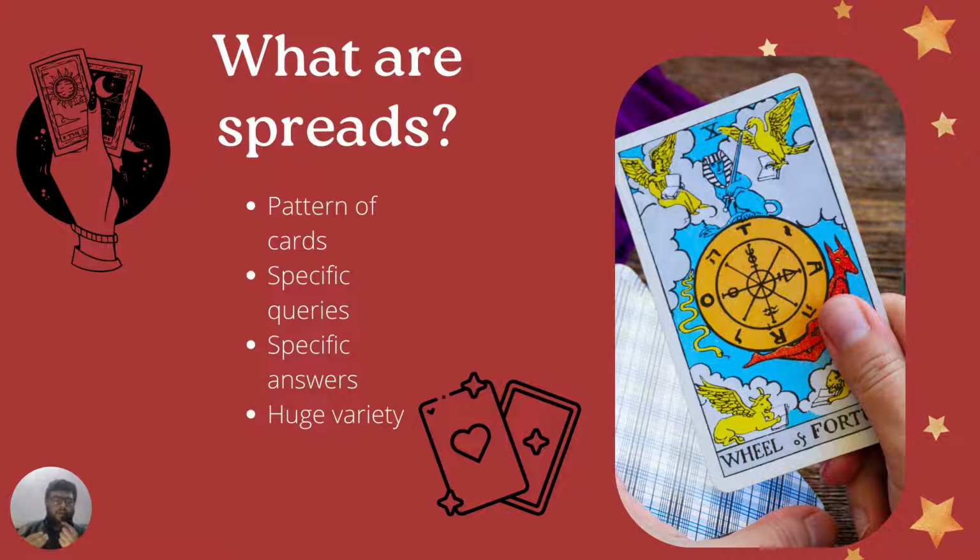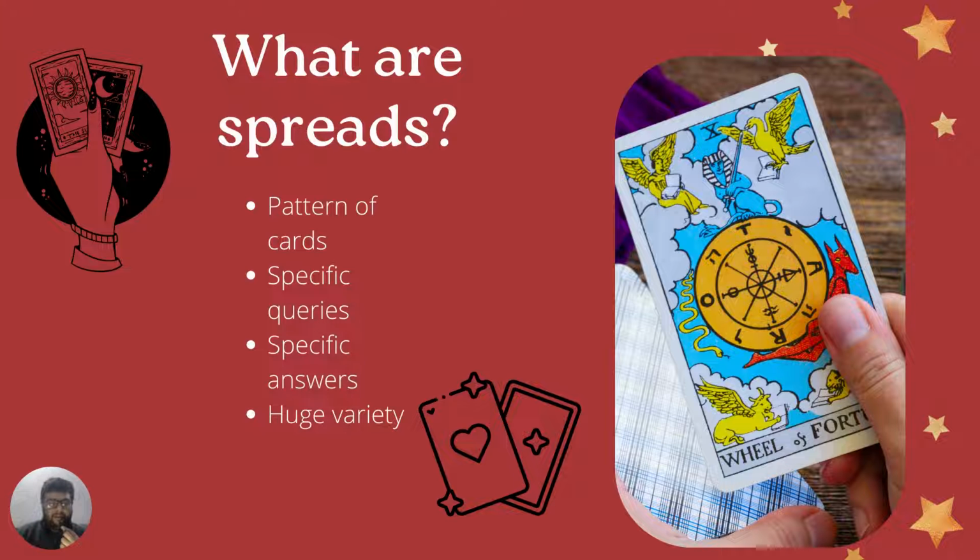Out of the 78 cards of tarot, we have to choose and select a few cards and place them in a certain pattern to answer the query. So these are called spreads, and there are various spreads.